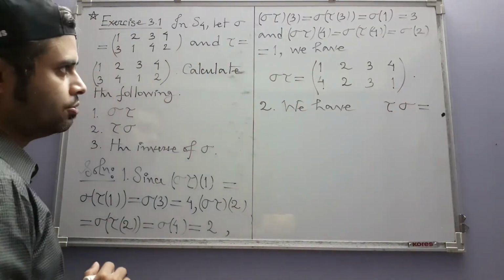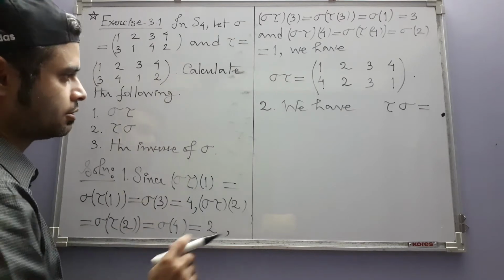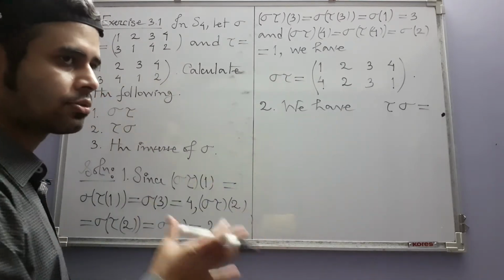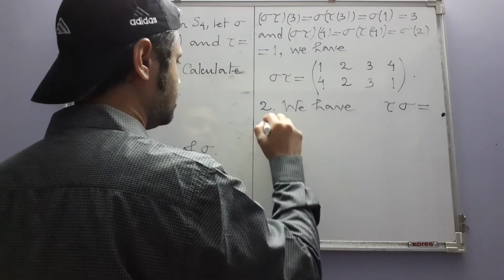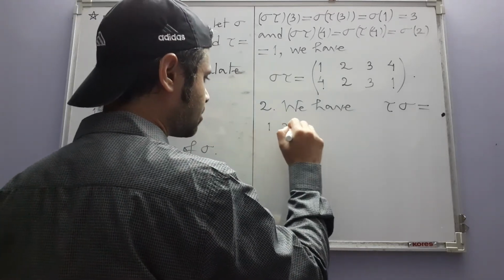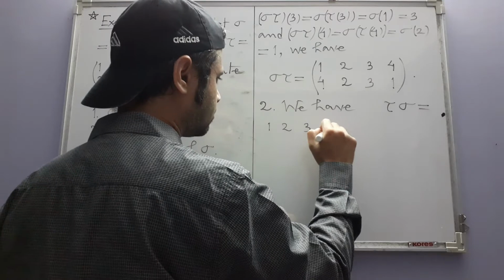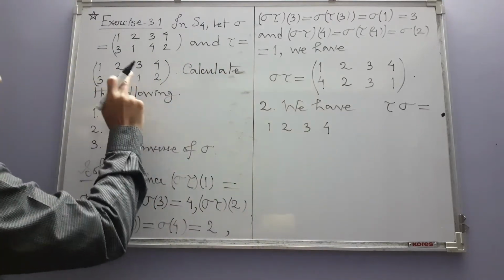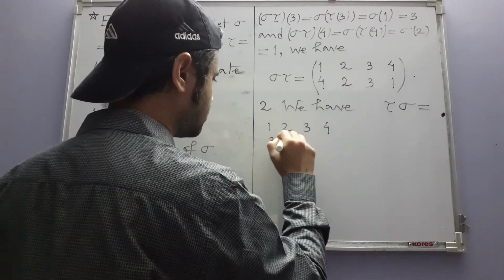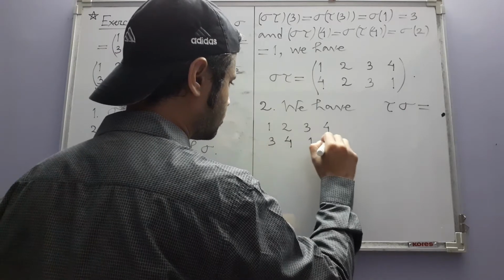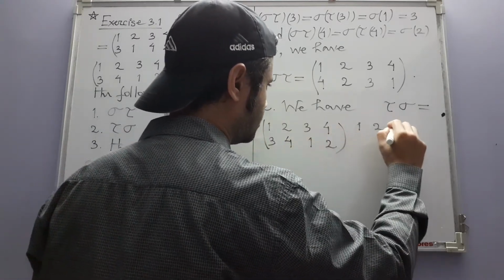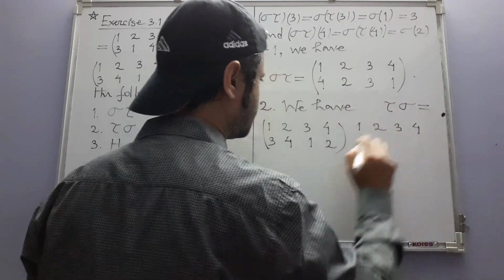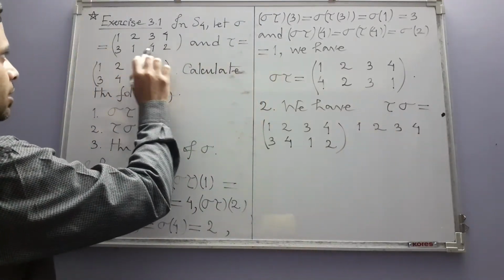So what you do, you use these notations and write tau composition sigma like that. So tau is this permutation 3412, and then we write sigma 3142.